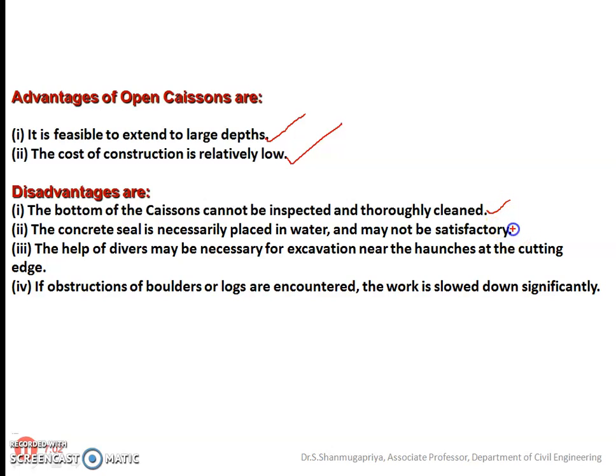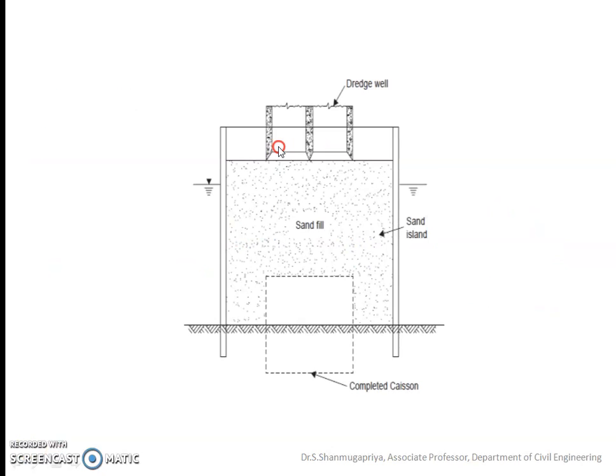The concrete seal is necessarily placed in water, and that may not be satisfactory. You need the help of divers for excavation near the haunches, especially at the cutting edges. If obstructions such as boulders or logs are encountered, the work will be slowed down significantly. These are the disadvantages of the open caisson. I hope you understood clearly the construction operations involved in this.